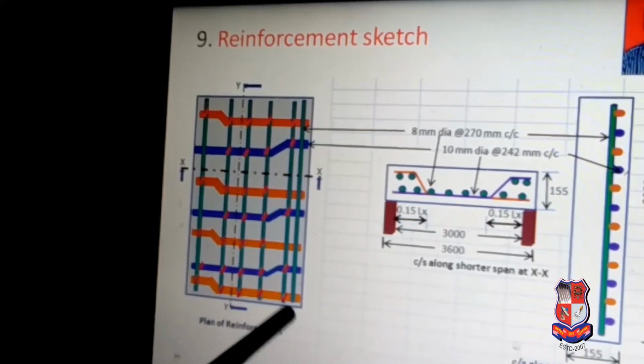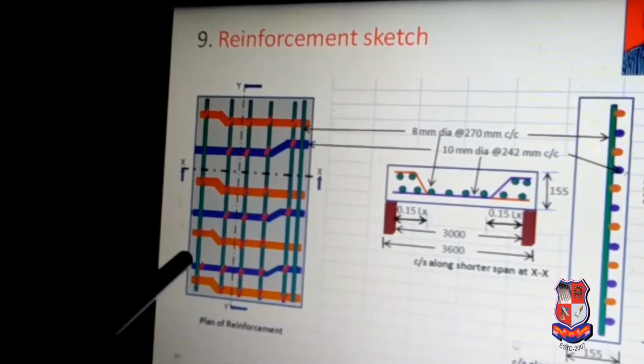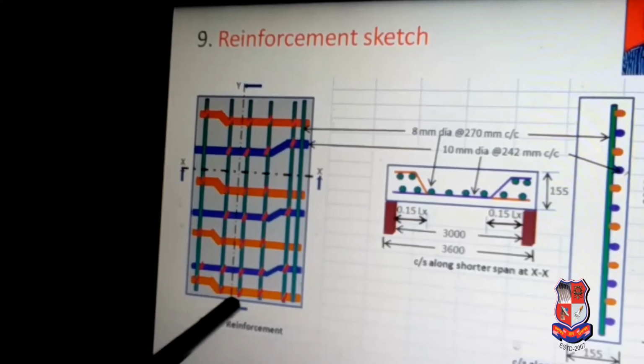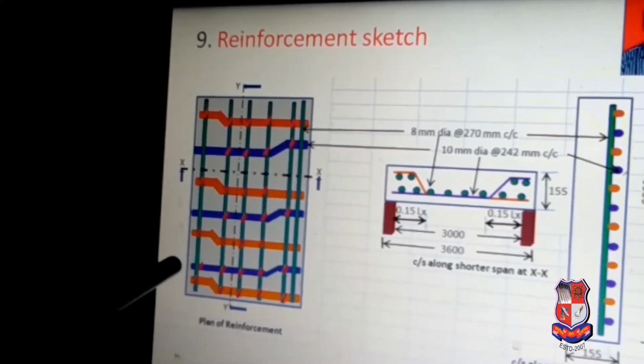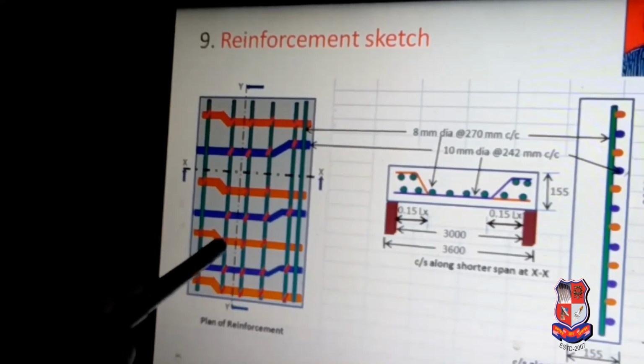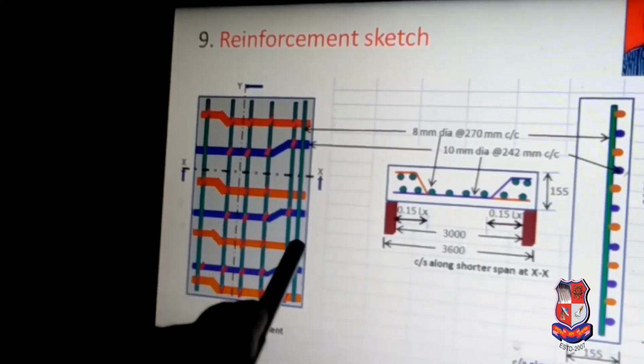So one bent up would be starting from this left end, and another, the blue one, starting from the left side and bent up on the right support. So this way alternate bars will be bent up on each span. Suppose on the left side this one is bent up, but this one is not bent up, it is coming at the bottom of the slab. Now this portion is bent up, then after 0.15 Lx it is at the bottom of the slab.